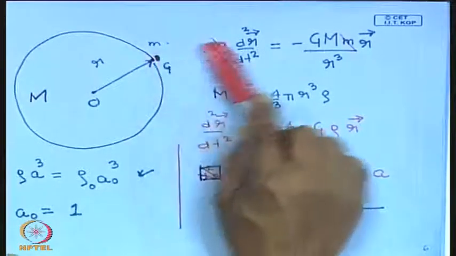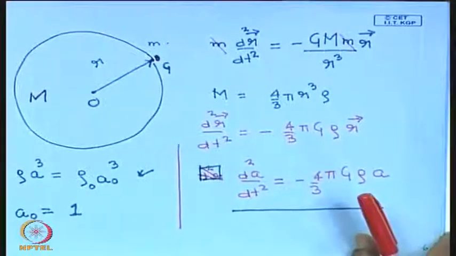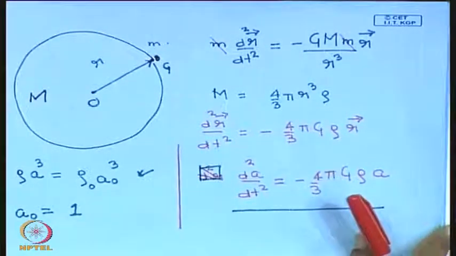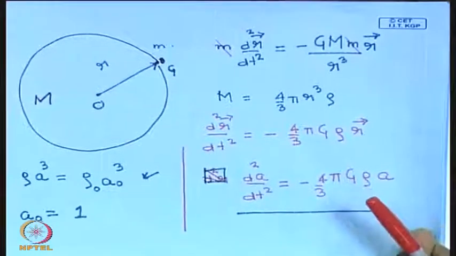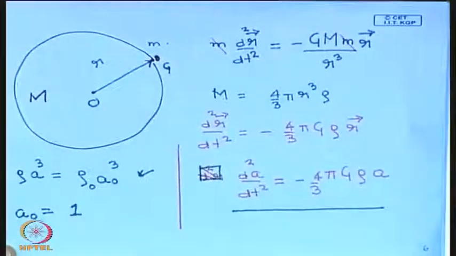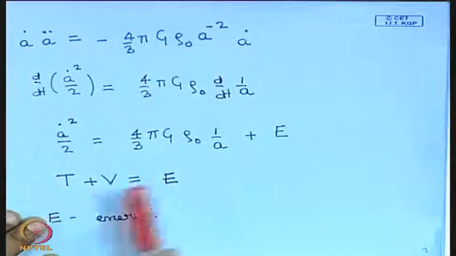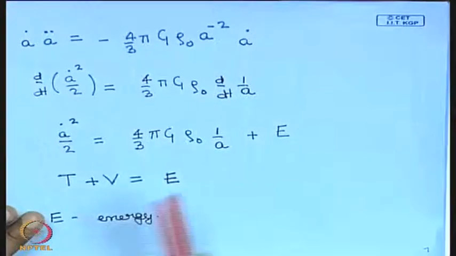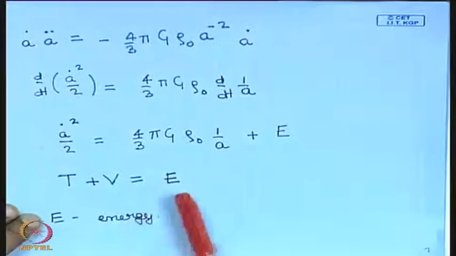So, it will reach infinity, but when it reaches infinity it will come to rest. And the third possibility is that the particle has positive energy. In such a situation, the particle will reach infinity with a non-zero velocity. Exactly the same things will happen here also, depending on the value of E. So, it is quite clear that the evolution of the scale factor is crucially dependent on the value of E.